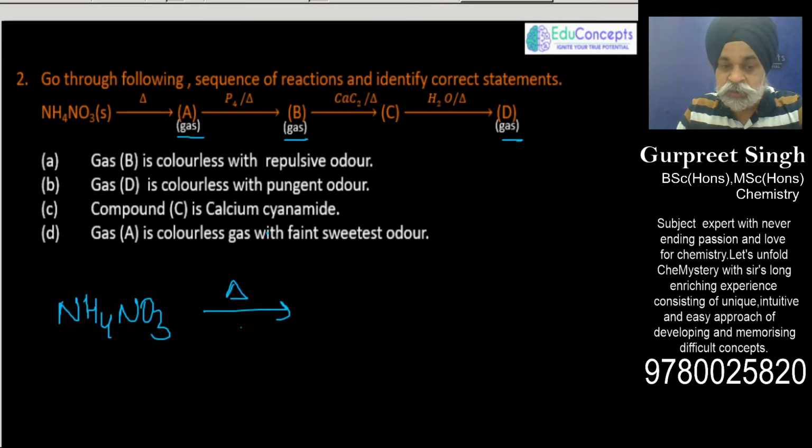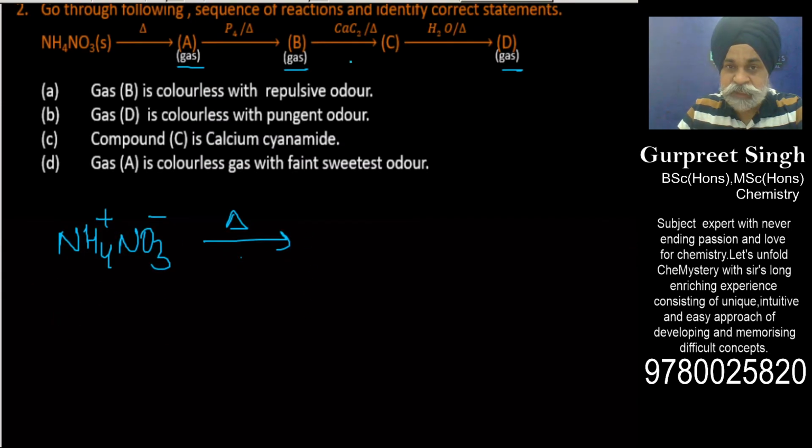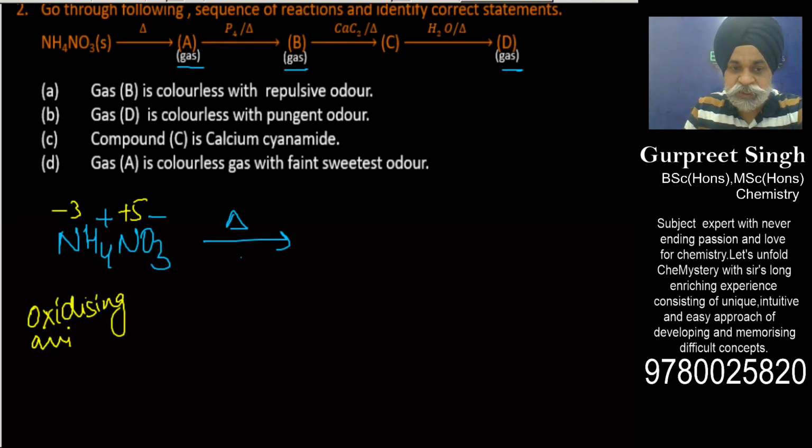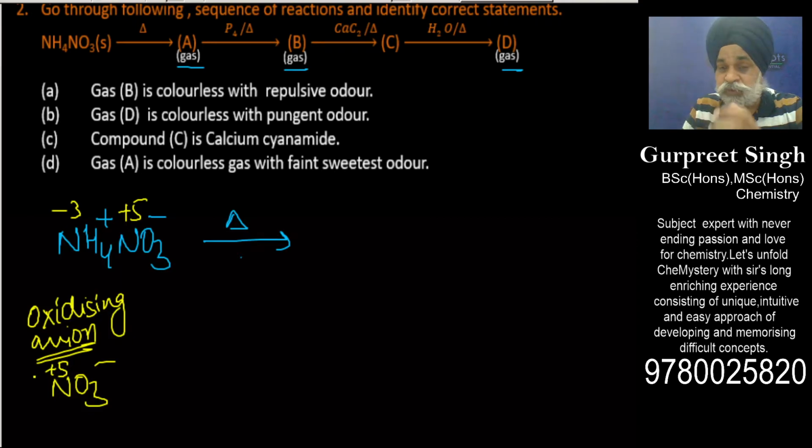First, let us check what is being formed. Ammonium nitrate when heated: here I have spoken many times in other videos that anywhere you have an ammonium salt with some oxidizing anion, the one in which the central element has a high oxidation state, just like nitrate, where nitrogen's maximum oxidation state is +5, it would always want to go down in oxidation state.